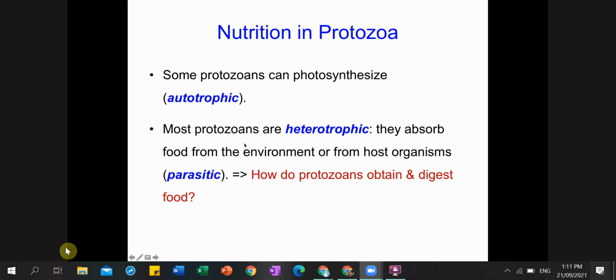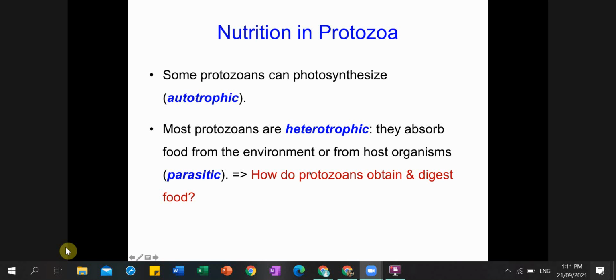The types of taking food depends on where they live and how they live. It can be directly from the environment or from the environment of the host. It means they take food from the host when they are parasitic.